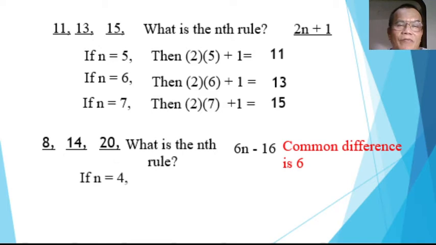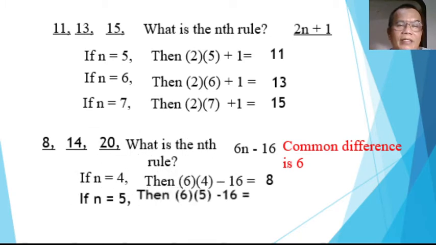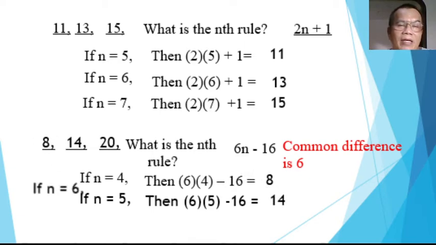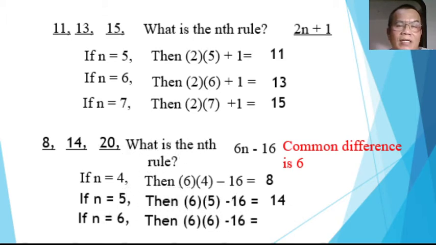If n is 4, then 6 times 4 is 24 minus 16 is 8. If n is 5, then 6 times 5 is 30 minus 16 is 14. And if n is 6, 6 times 6 is 36 minus 16 is 20.